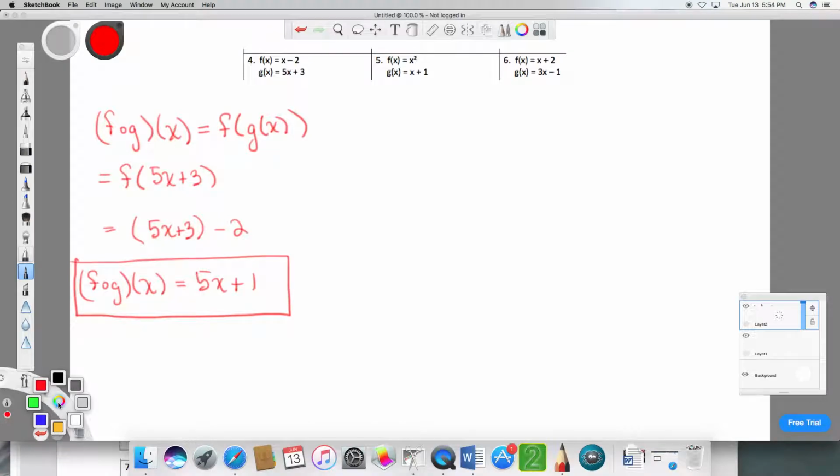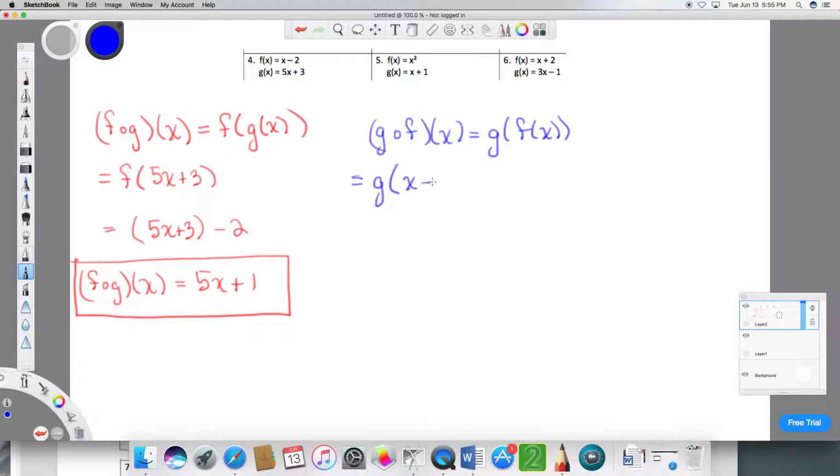And for G composed with F, let's replace F with x minus 2. And what does the function g do to the input?